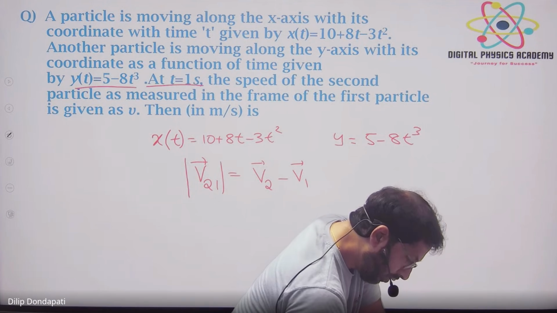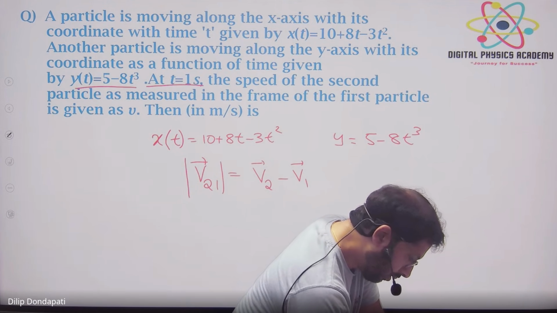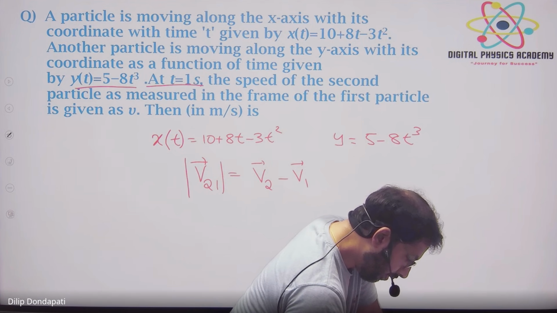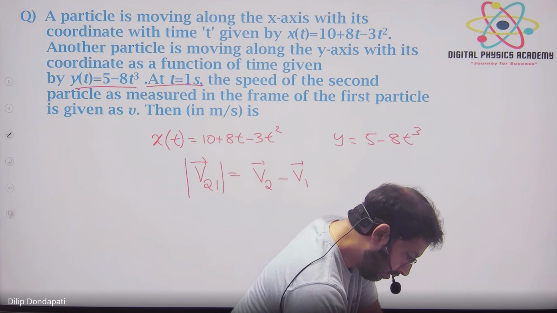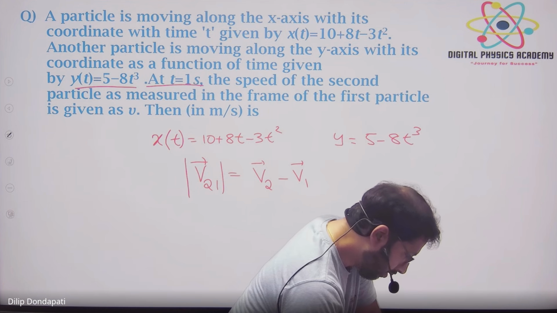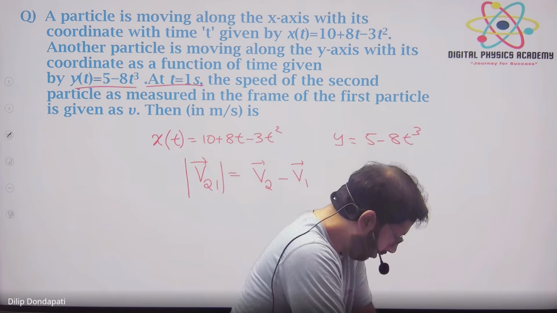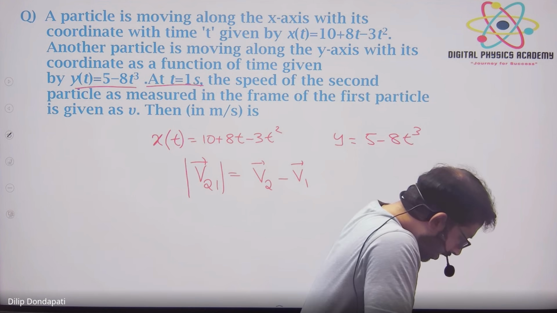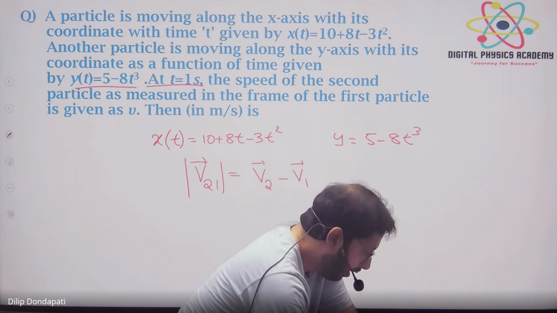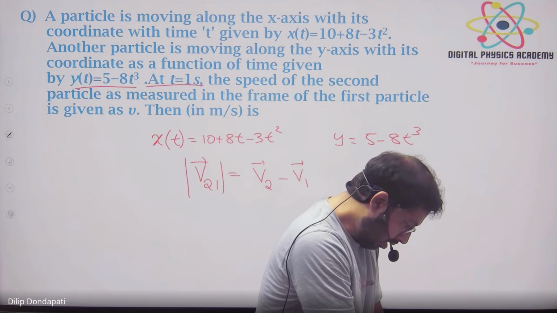Yes. So I'm getting minus 21. See, again changing. आपको velocity of 2 with respect to 1 is how much? Options I'll give. So you get Vy as minus 24 and Vx as 2. So minus 24 minus 2. So answer is not minus 26.